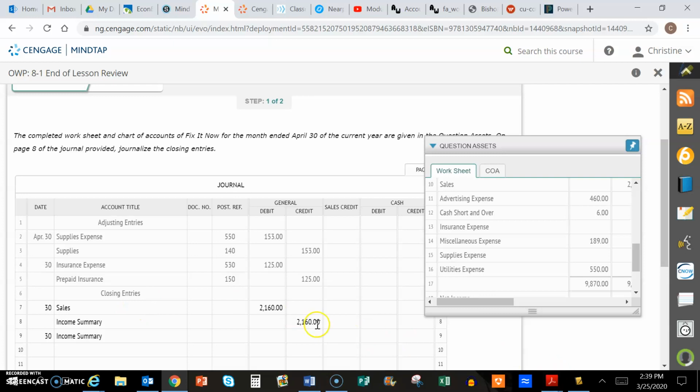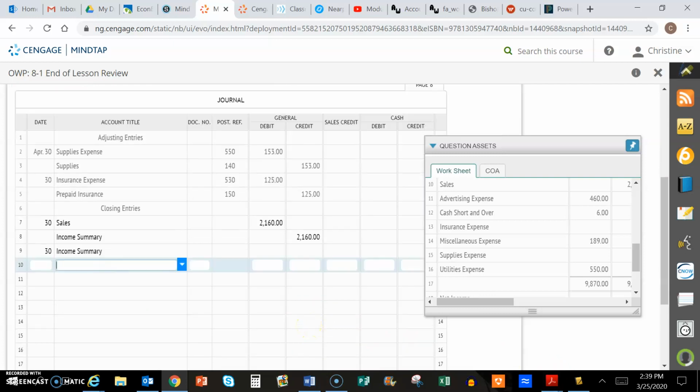So first I'll type in my names, and then I'll go back and get the amounts. So advertising expense. Cash short and over. Cash short and over is the only expense that doesn't have the word expense next to it.